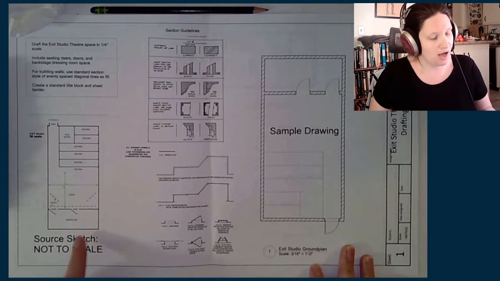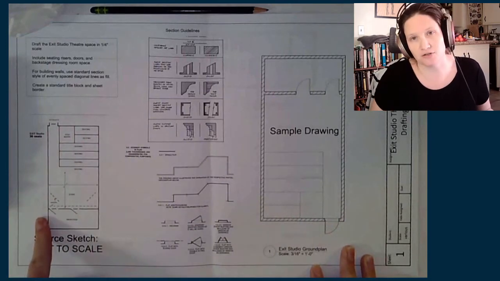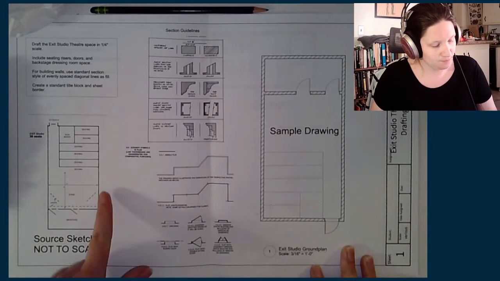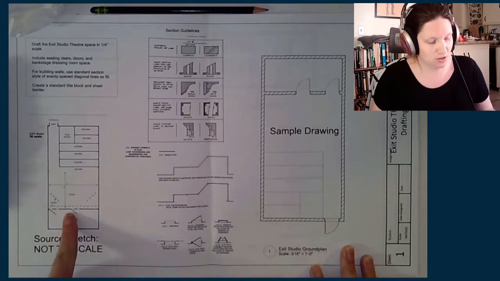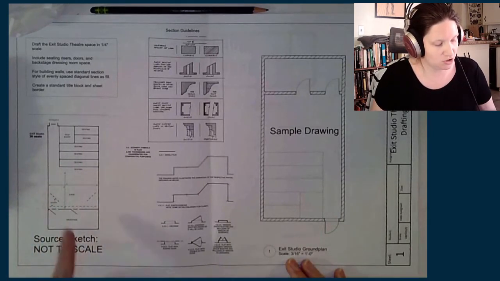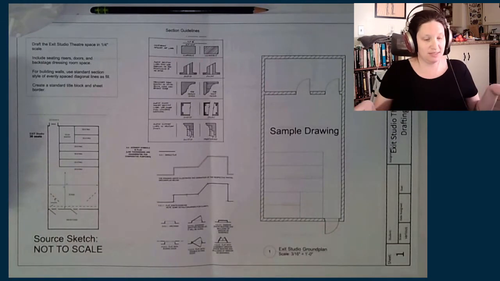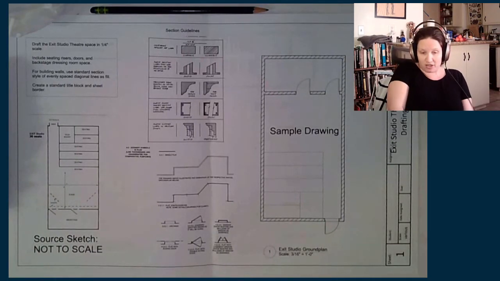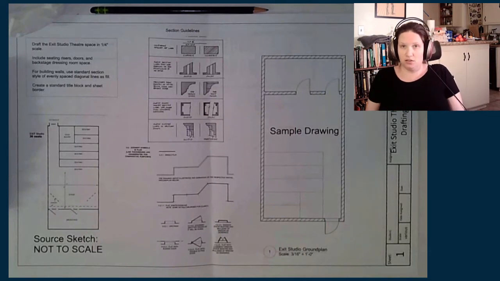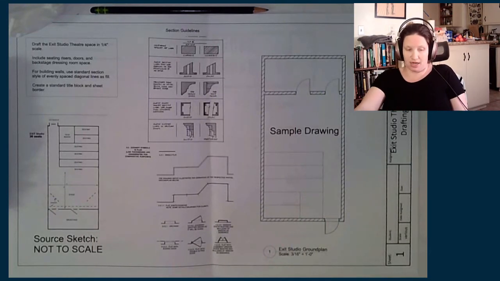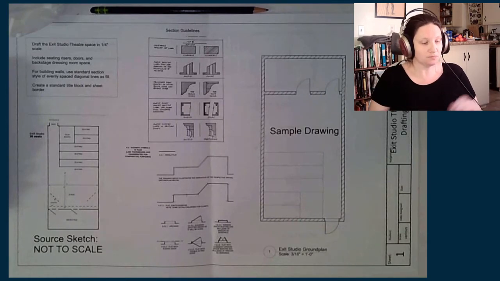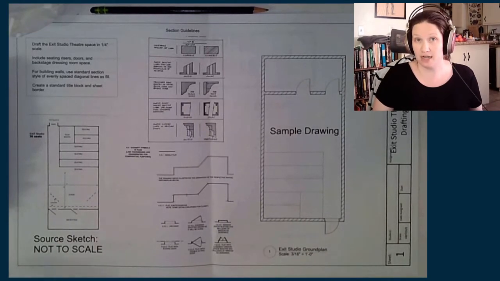I'm given this nonsense drawing that someone drew in Microsoft Word that has a grand total of 2 dimensions on it. It has a width of the stage and a depth of the stage, and that's it. And then I have to convert that into some sort of actual scaled drafting that I can then design a set within.